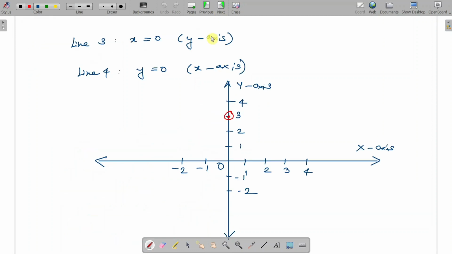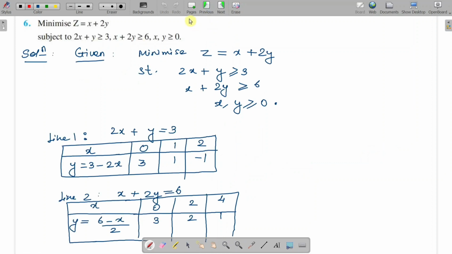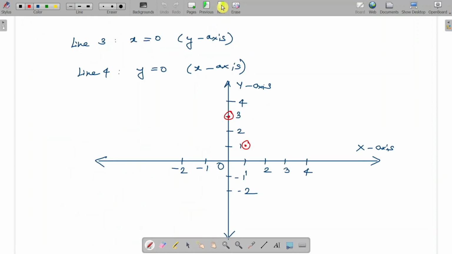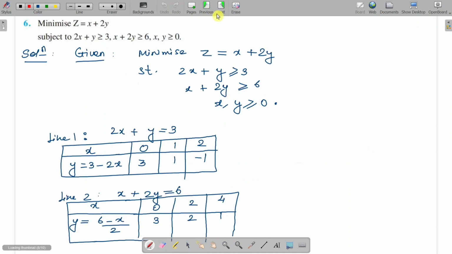Then 2, minus 1, that is here, right? So let us join this, and let us name the line. The line is 2x plus y equal to 3.